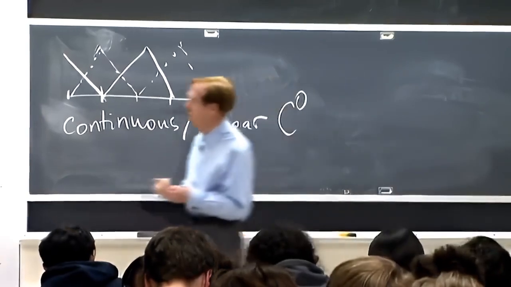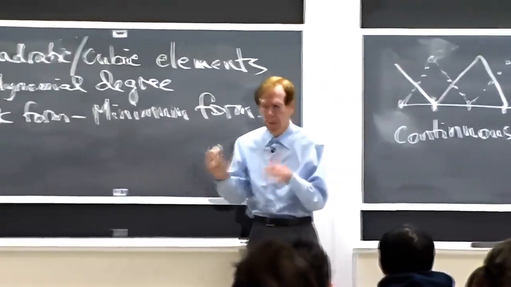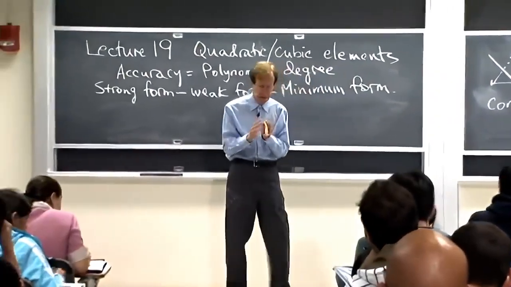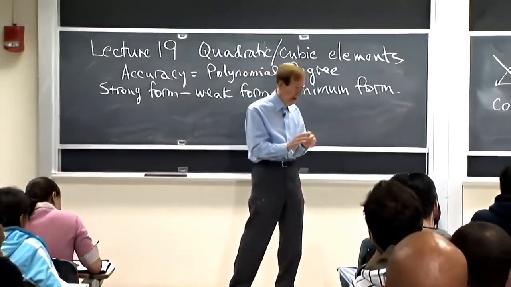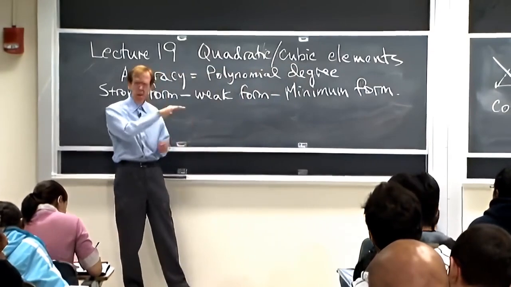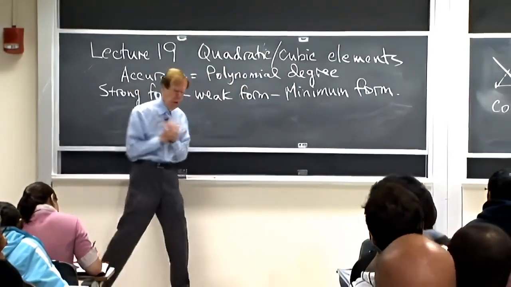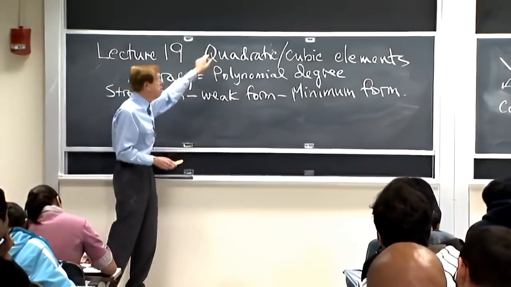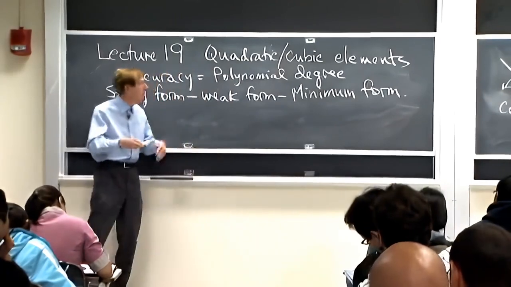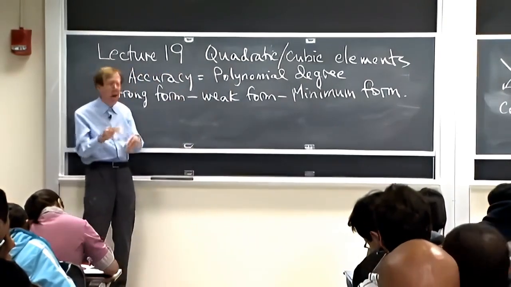And now we'll get to some elements where the slope is continuous. It's sort of fun to create these finite elements of higher degree. It's pretty straightforward in 1D, and that's where we are now. So we'll get second degree elements and third degree elements, and that gives us, as we'll see, higher accuracy.